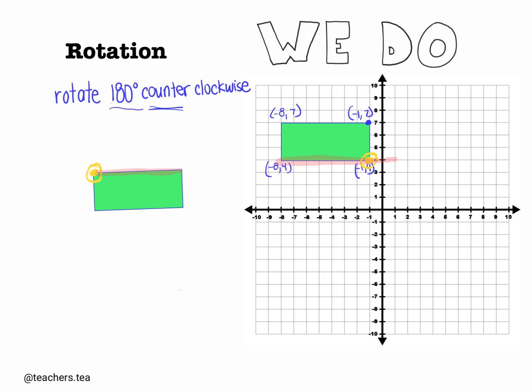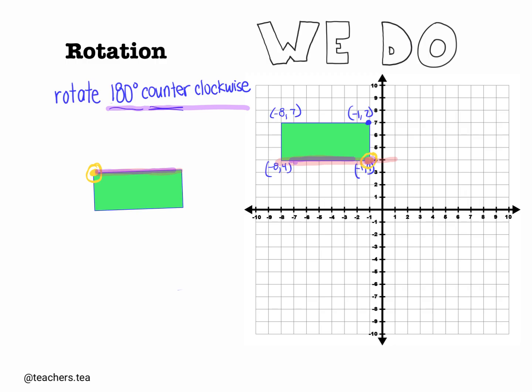Okay, let's do this. So we are rotating this rectangle 180 degrees counterclockwise. So it is going to move this way. Okay, just have that in your head. So we are going to start at this coordinate because this coordinate is rotating all the way around. So this line is now going to be the top of your rectangle as we talked about.